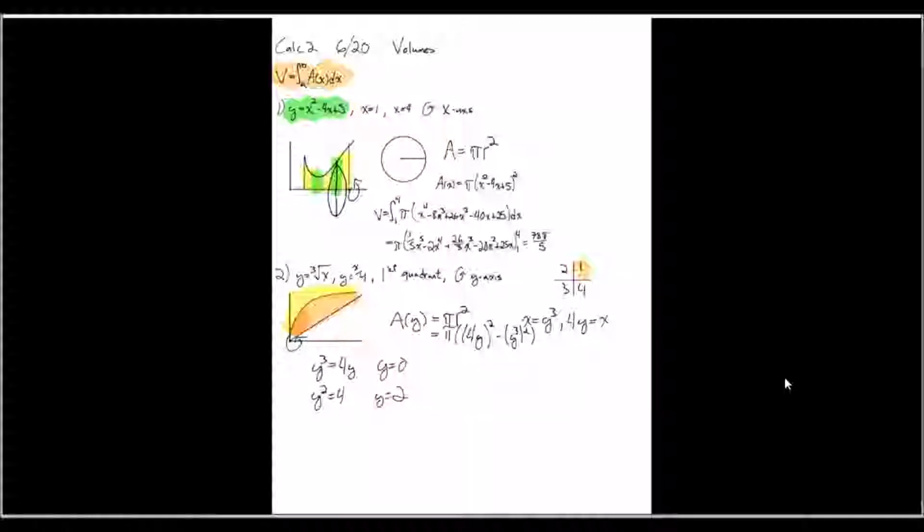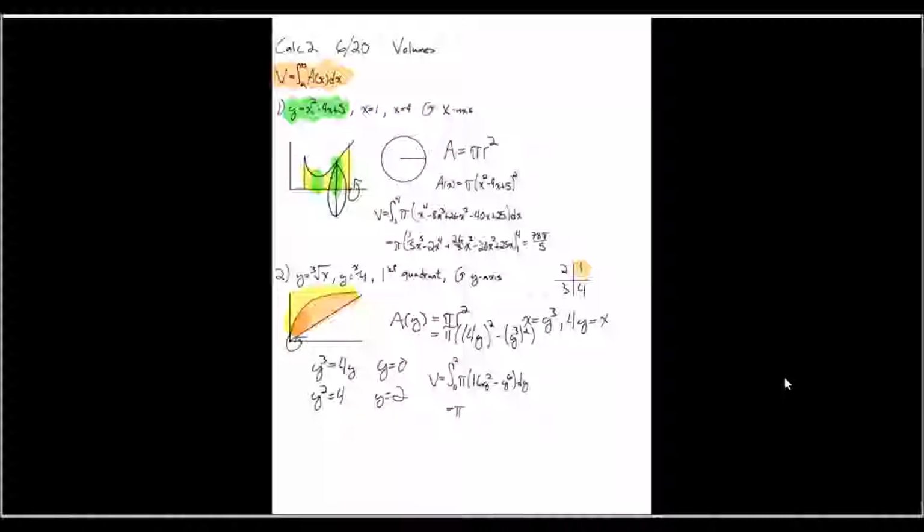So I'm going to set up my integral. My volume is equal to the integral from 0 to 2, and then my area function, this pi. And then what I'm going to do now is just simplify this a little bit, or FOIL it out. So we've got 16y squared minus y to the 6th dy, and that's a pretty easy integral, right?